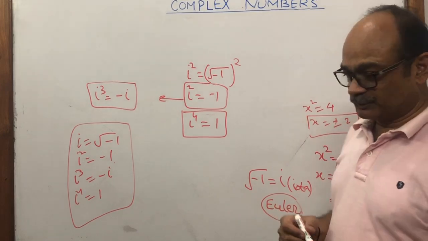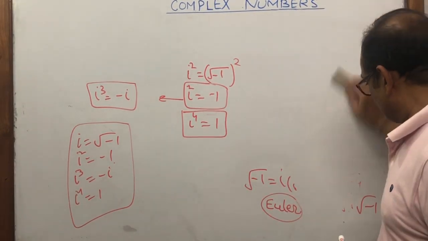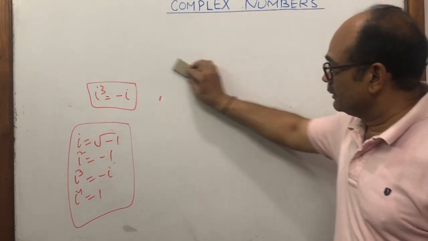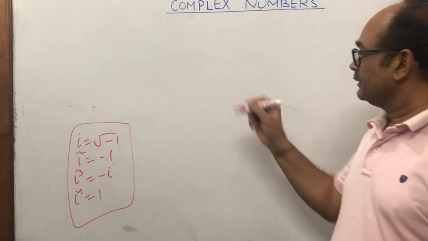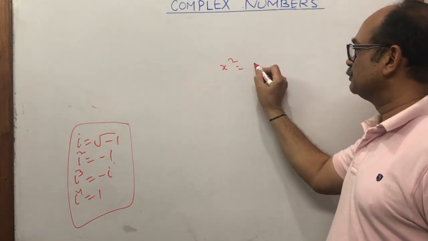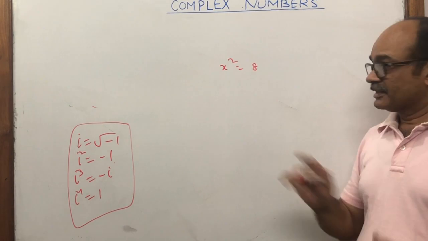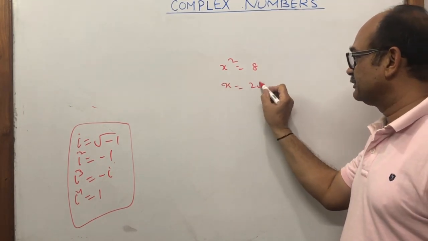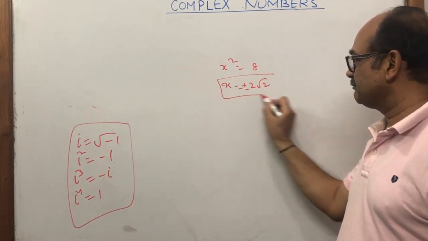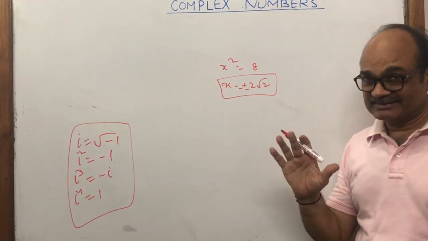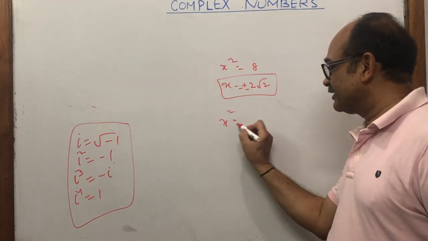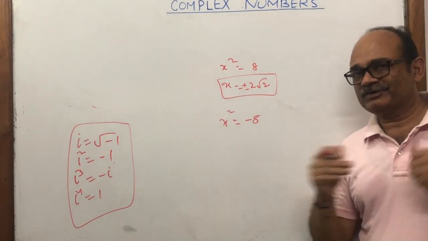Suppose we want to calculate x square equals to 8. Then x you can write as 2 root 2 with plus and minus. Very easy. But if it is x square equals to -8, then how do we write the answer?